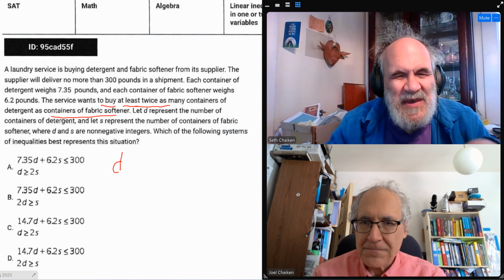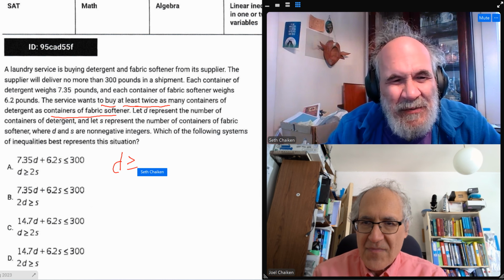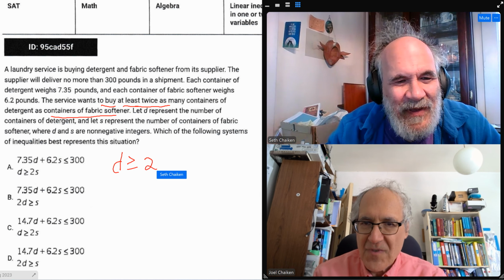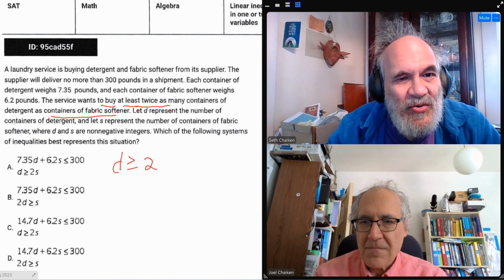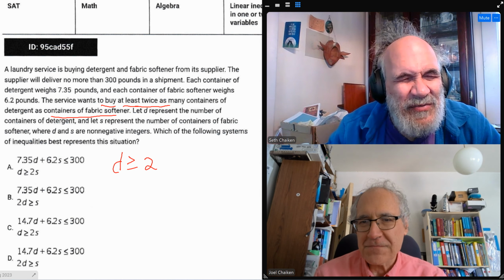You want D to be bigger than or equal to twice the number of containers of fabric softener.